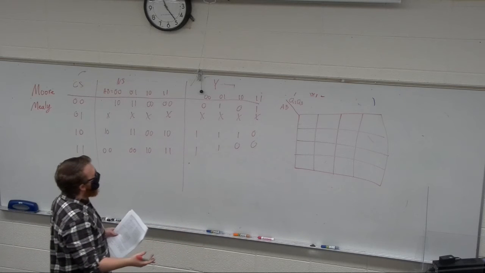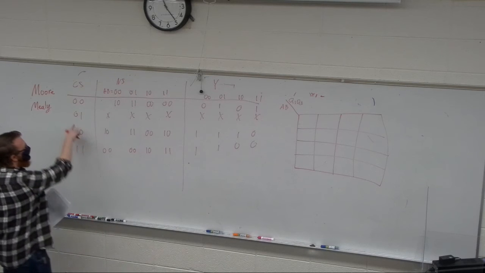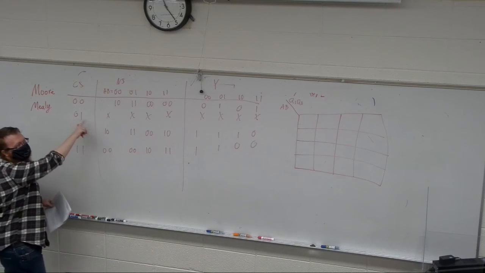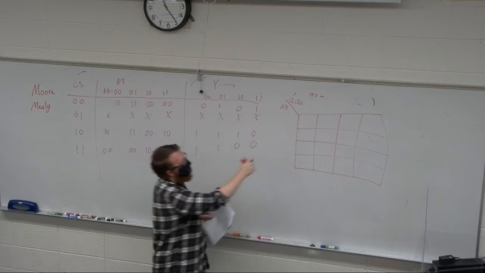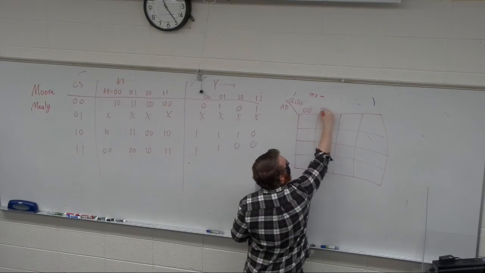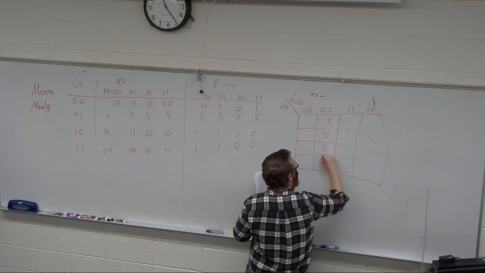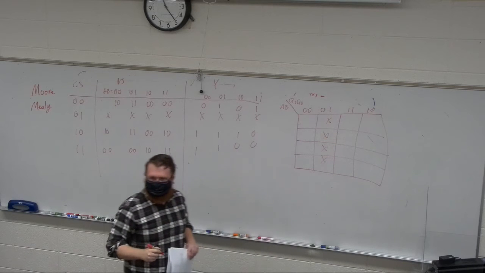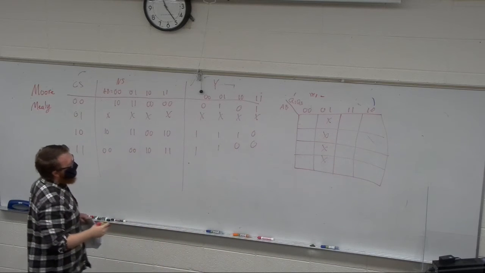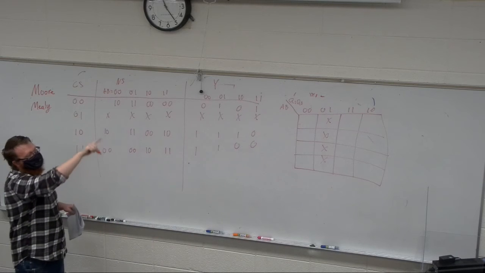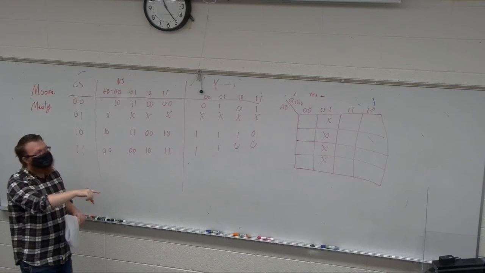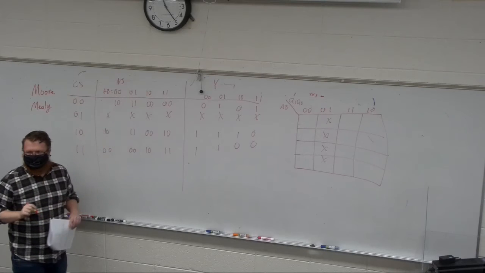If we were to start filling through, I could say that, well, in the case of 0, 1s, all of my outputs are don't care. Don't care, don't care, don't care, don't care. Now what we can see from that is that each of my columns is going to be a row of AB.